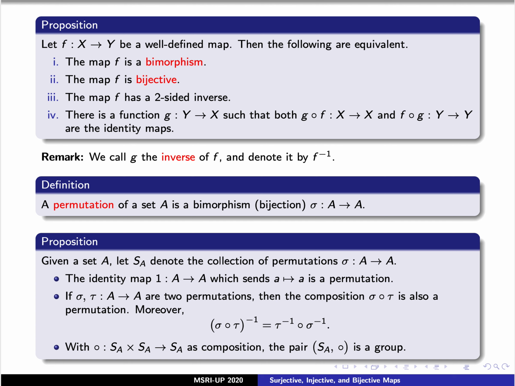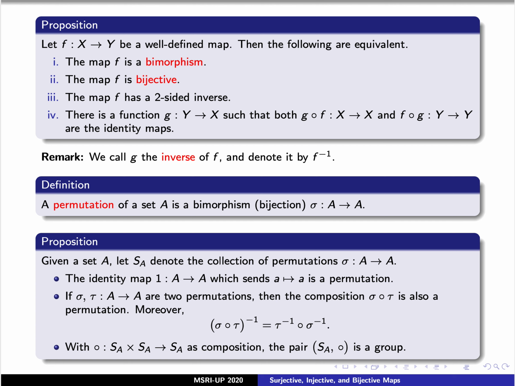Next, if sigma and tau are two permutations, then the composition is also a permutation. Remember, to be a permutation, we need to know that there is a two-sided inverse. Well, explicitly, we can list what it is. The inverse of the composition sigma circle tau is simply tau inverse circle sigma inverse.